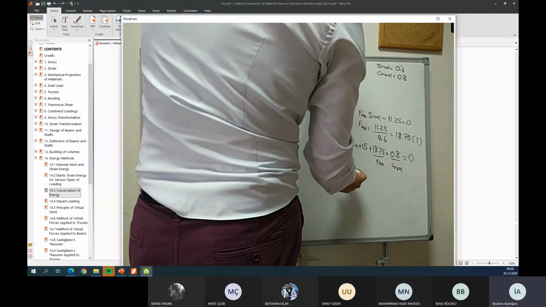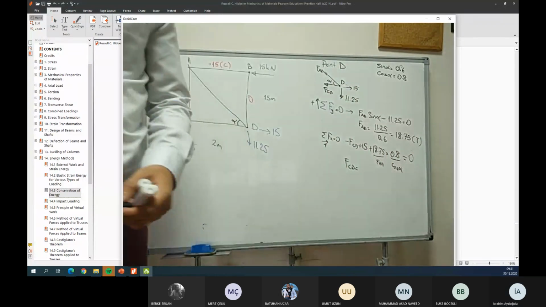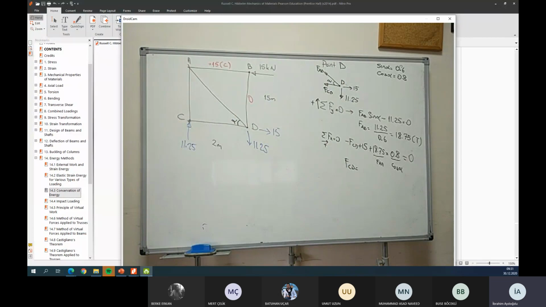By using this, I found F_CD is equal to, let me take a few seconds to compute.